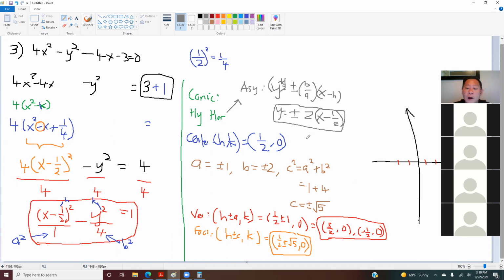So if you distribute your positive 2, you will get 2x minus 1. And then if you distribute your negative 2, you get negative 2x plus 1. So this is just for your online homework. Okay, so you just need to distribute your 2 and a negative 2. And let's say this is a minus 3 here, then after you have to add 3 to that side, like solving for y when you do your equation.